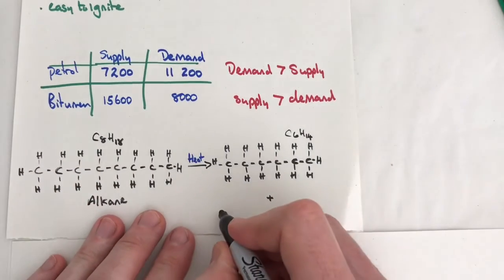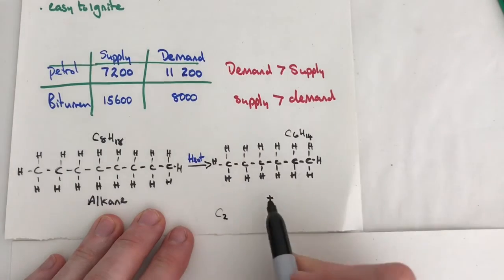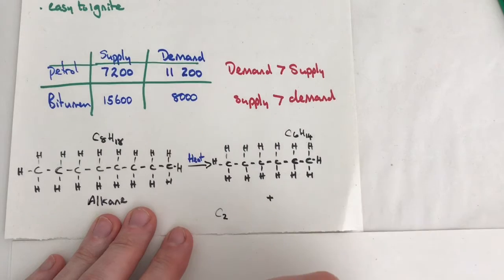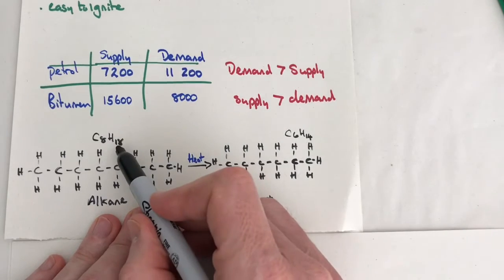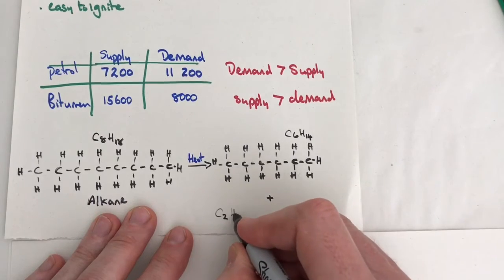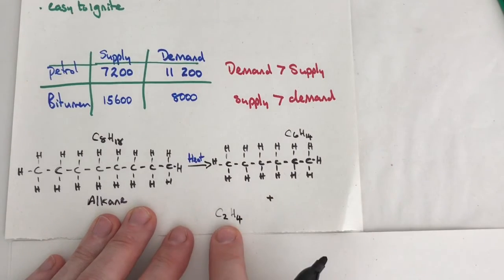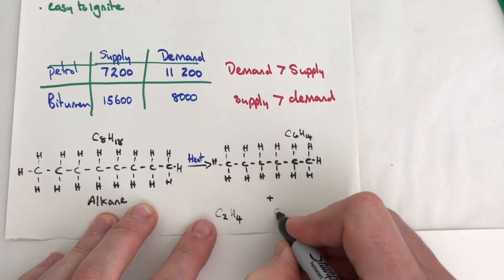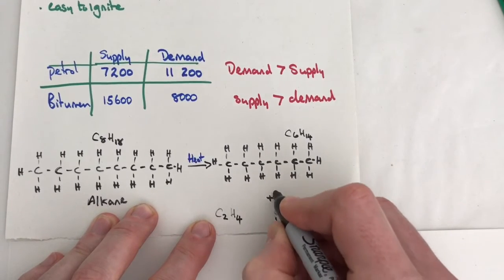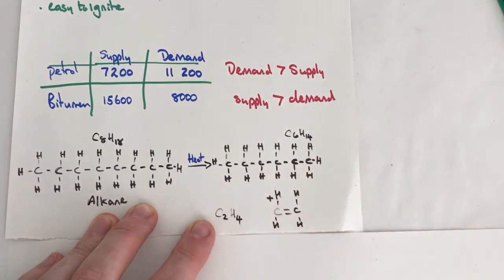So what I need here is 2 more carbons to make it 8 and 8, so it follows the law of conservation of mass. I've got 18 hydrogens, I've only got 14 here. So I'm 4 short. This molecule, hopefully, you recognize as one of these molecules, which is unsaturated.